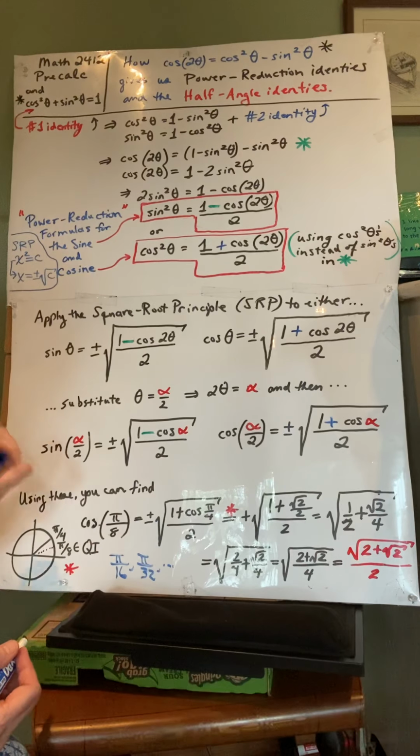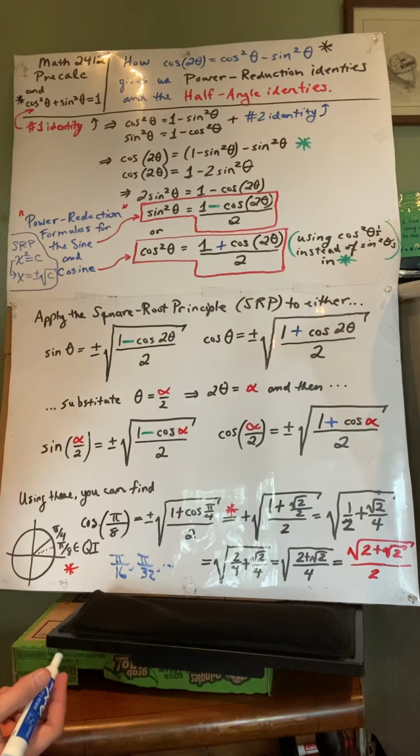And those are exact values for sines and cosines of some, now, maybe not well-known angles, but doable. So it depends on your aesthetic, whether you think that's pretty or not, but it's kind of cool, in my opinion. Well, there you go.